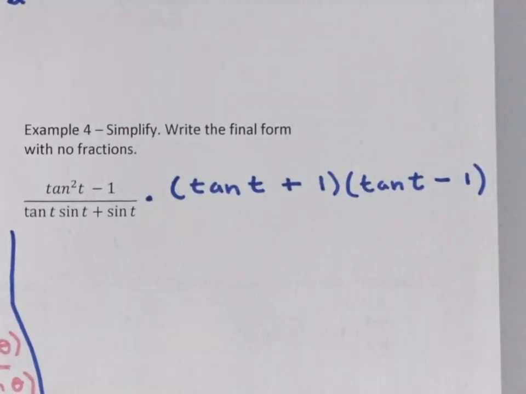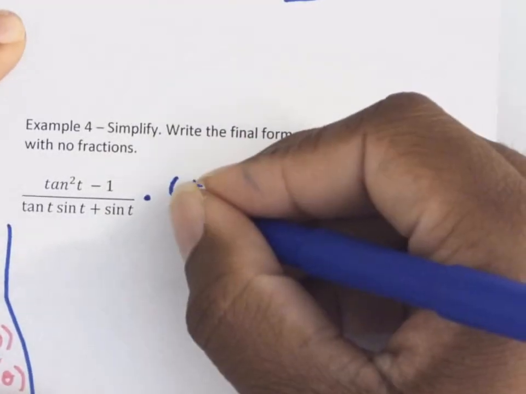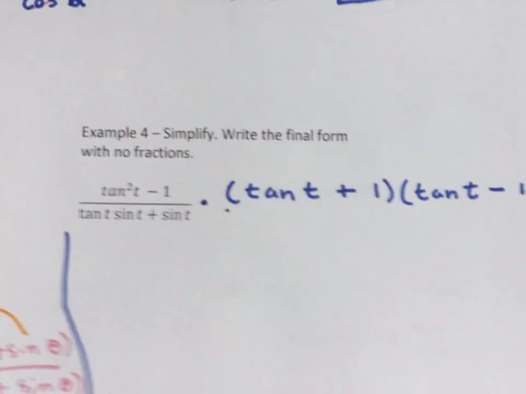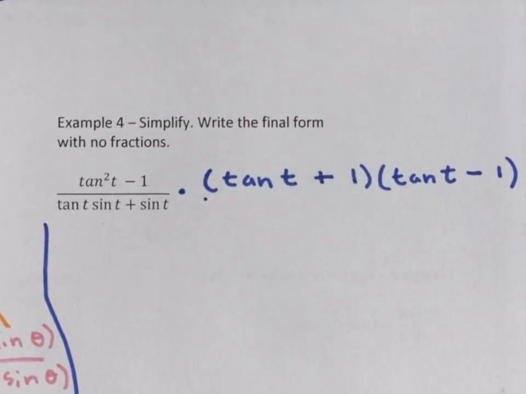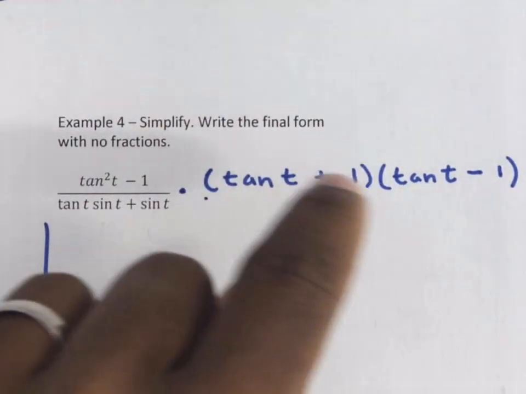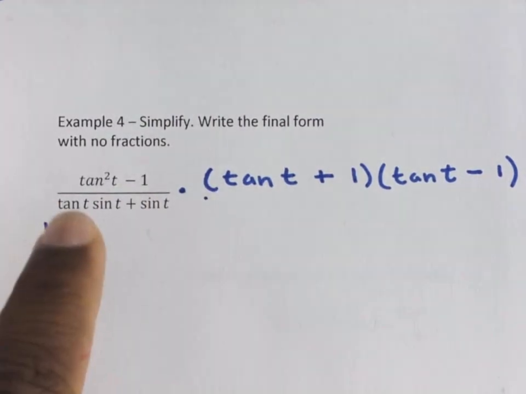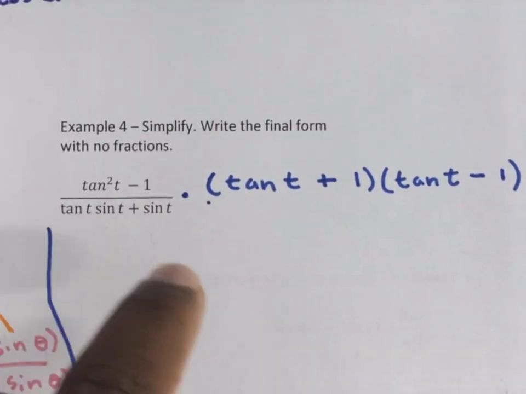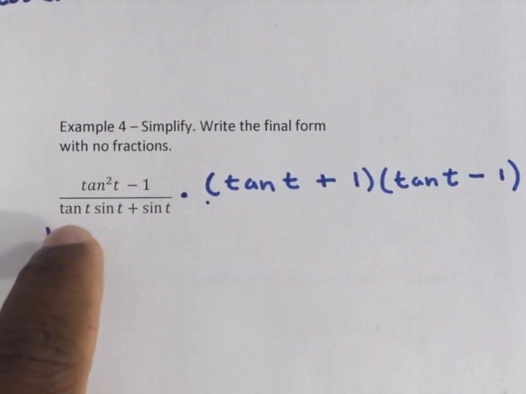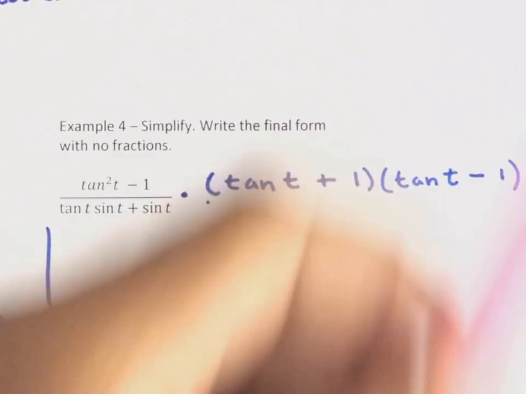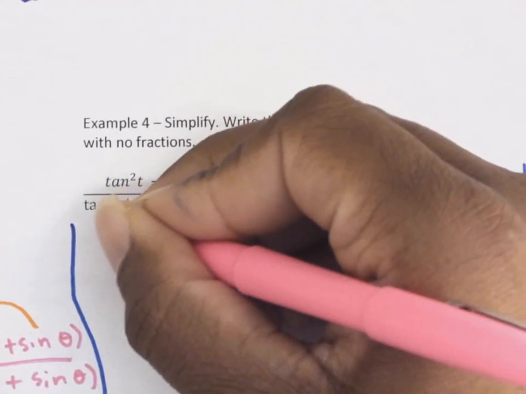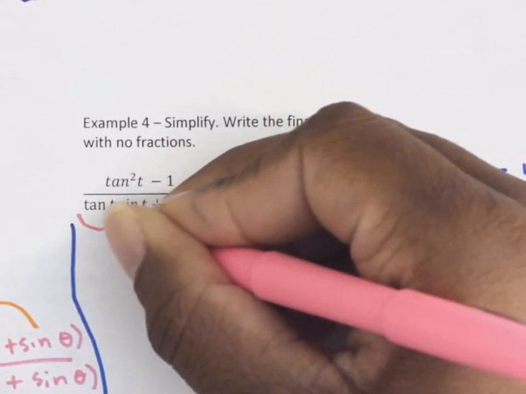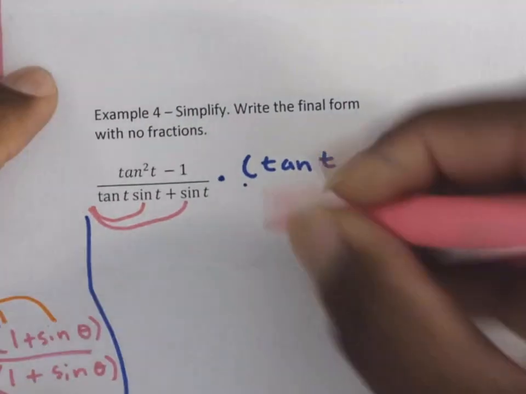So let me write what we still got to start off with as well. Actually, while we're here, let's do something to the bottom. Everybody okay with the top? Okay, so on the bottom, do both terms, tangent t times sine t plus sine t, they both have a sine t, right? So I can factor that out. I'm going to take out sine t from the first term and the second term.